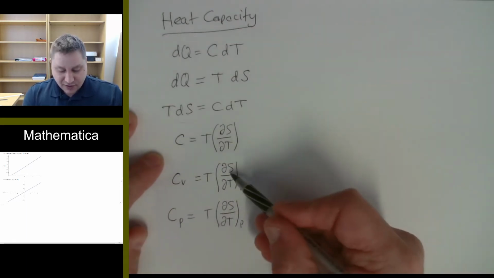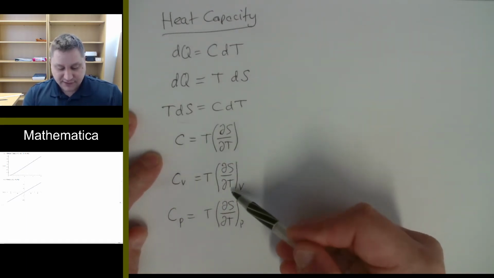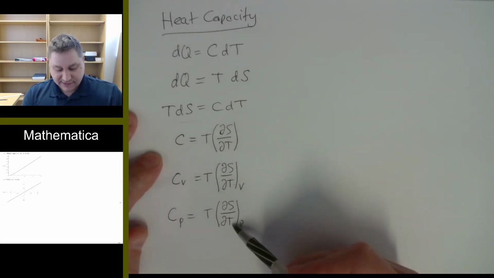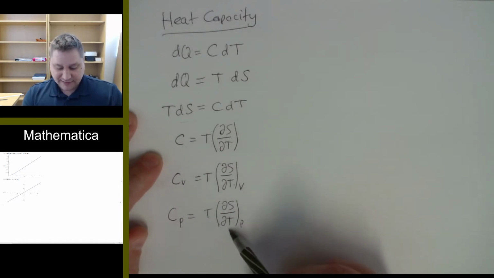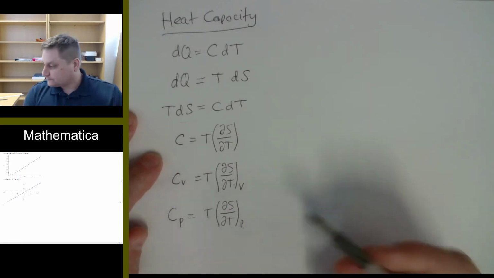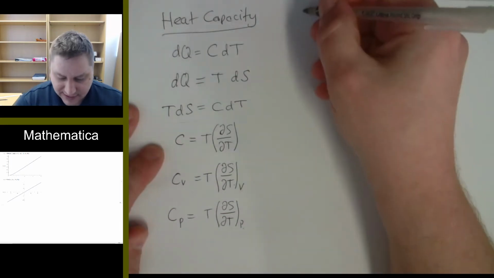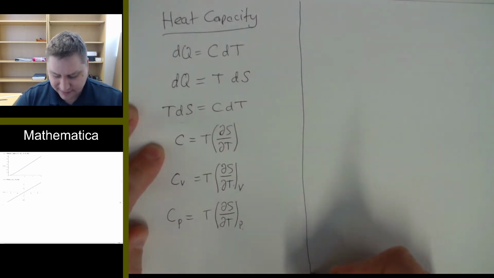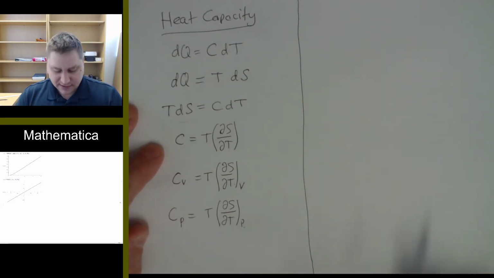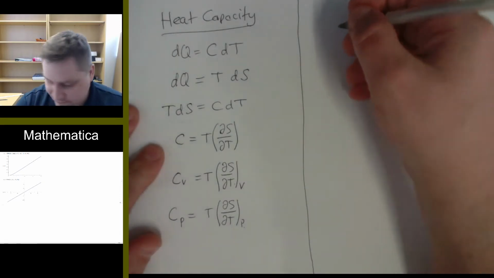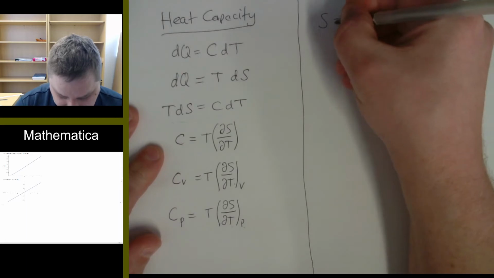We just have to make sure our formula for entropy involves only temperature and volume here, or to get this heat capacity, the formula for entropy only depends on temperature and pressure. So let's see how that actually plays out as these two derivatives in a model system.